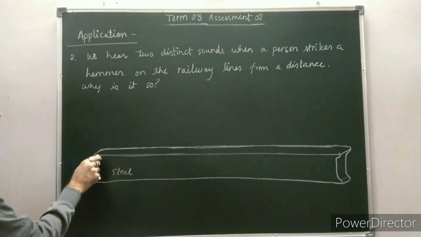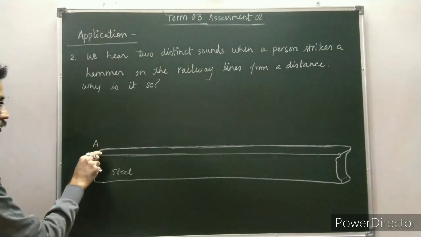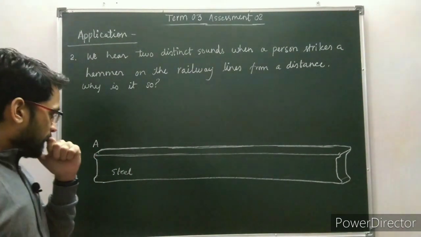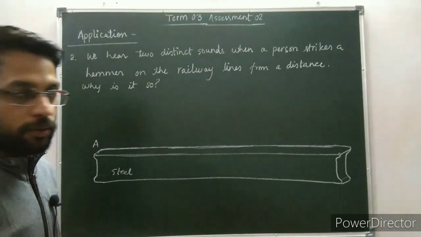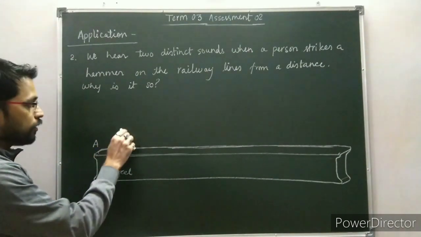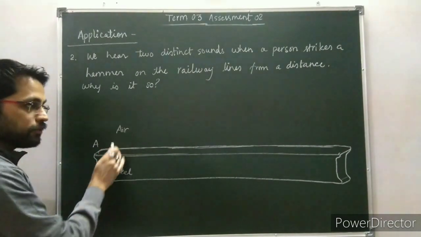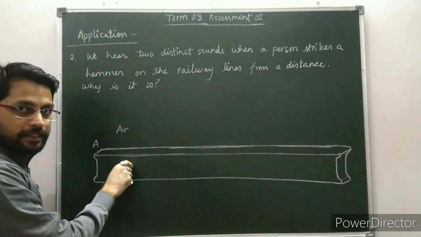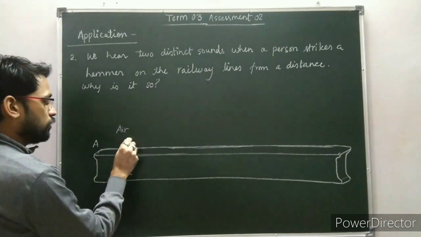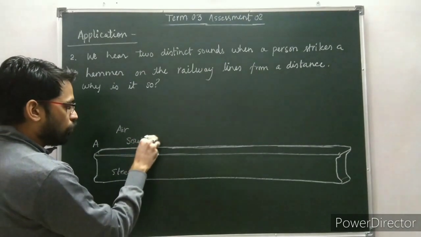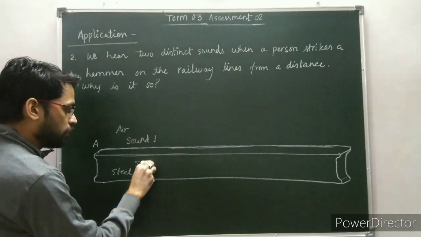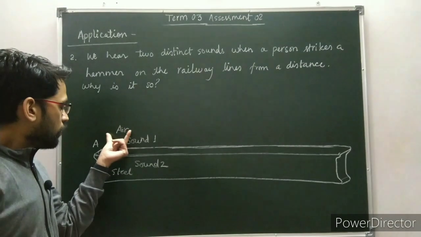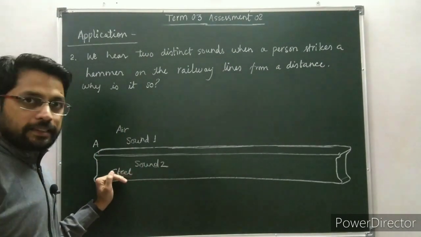When you strike a hammer at point A, two sound waves are produced. One in the air, which is just above the track, and the second wave produced in the steel. So there are two sounds: sound 1 is produced in the air and sound 2 is produced in the steel.